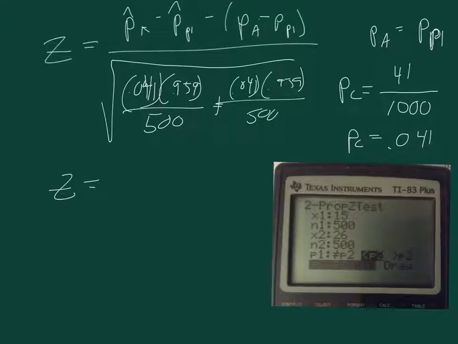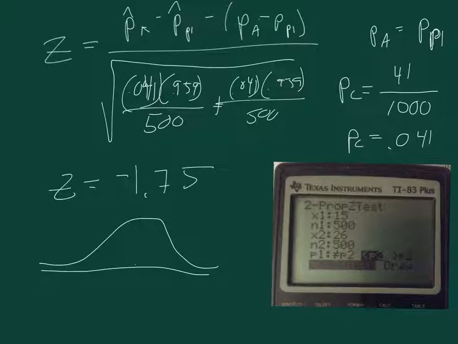I grab my calculator and I go stat tests, and I go down to the 2 prop z test, because it's 2 proportions, it's a z test. 15 over 500, 26 over 500. I'm going to test to see that the first one is less than the second one, and then I hit calculate. And I find my z-score is negative 1.75. And let's see, so in my picture, 0, z, negative 1.75.